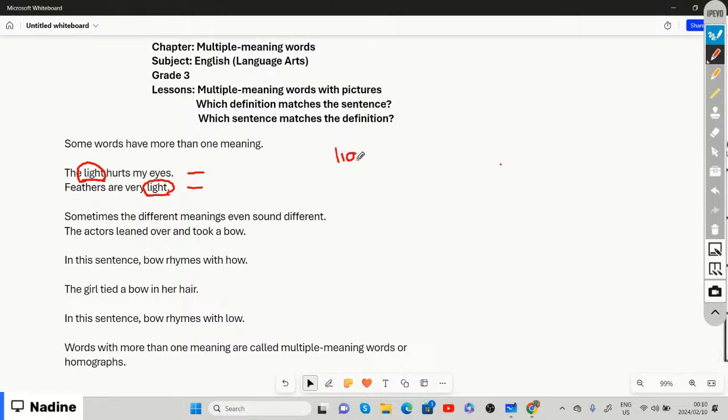It is spelled the same, but the meanings are different. A feather has basically no weight, while a light switch that you switch on lights up a place when it's dark and makes it bright.